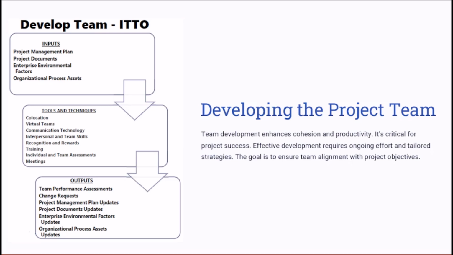And the team performance assessment includes the goals and the achievements compared to the goals of each of the team members, change requests if necessary. You have also the project document updates if you need to do any reassignment, the EEF updates, the OPA updates as well.